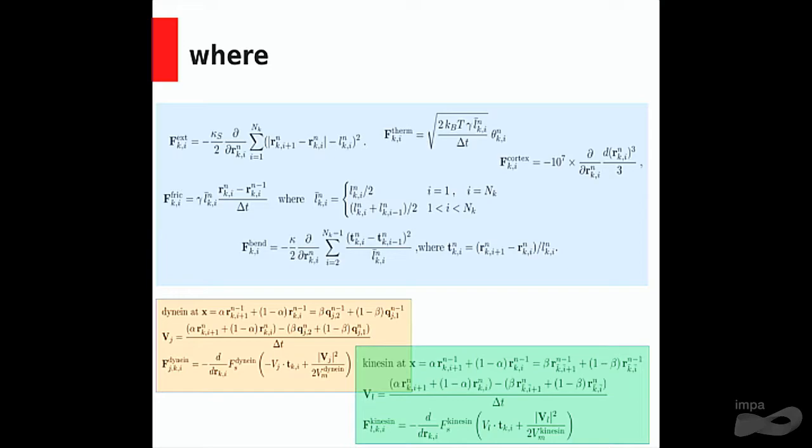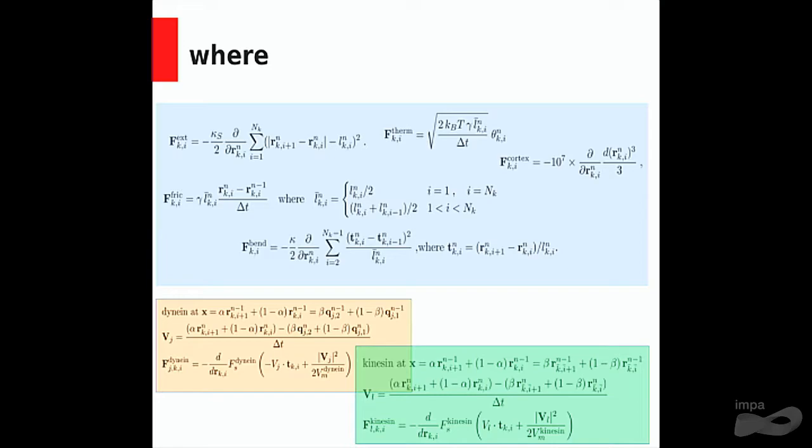Most of those forces are formulated in a variational sense as a gradient of an energy function like this one here. So this guarantees equal distance between the nodes, for example. This is the repulsive potential of the cortex, for example. This is the bending energy, just the deviation of the directions of neighboring segments squared.